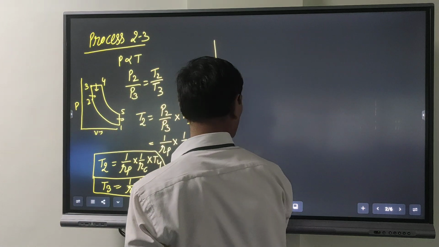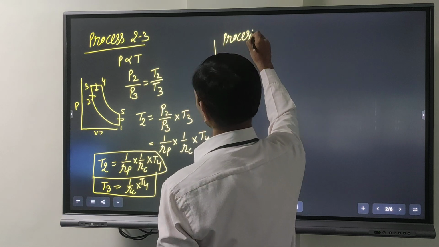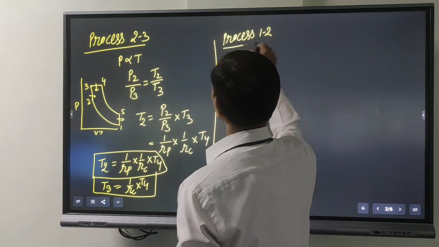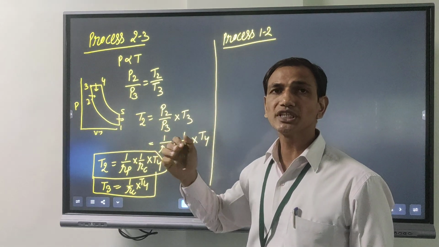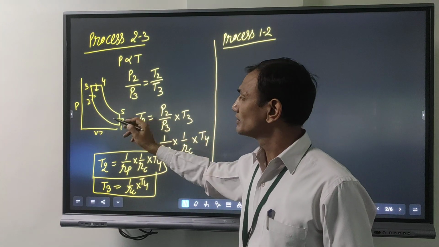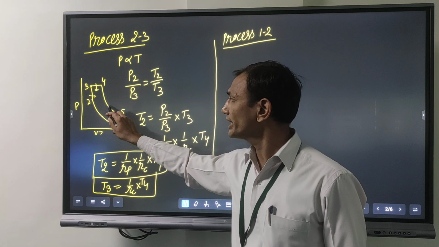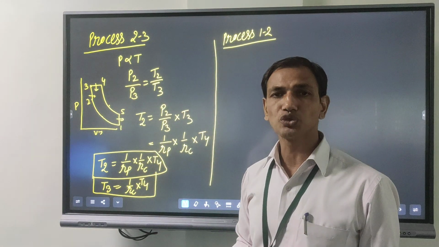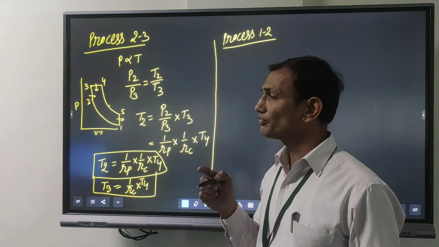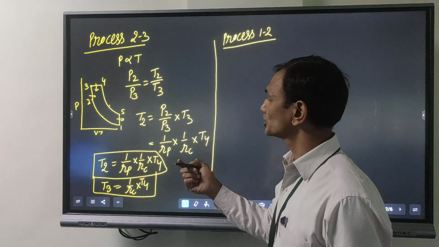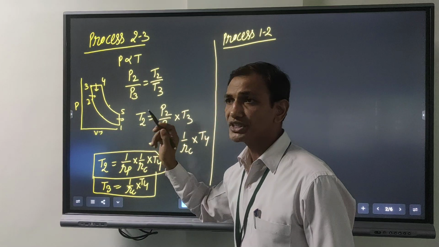Now in process 1 to 2, this is a reversible adiabatic process. So three relations are applicable in 1 to 2, compression and isentropic. PV to the power gamma is equal to constant, or T V to the power gamma minus 1 is equal to constant, and P to the power 1 minus gamma T to the power gamma is equal to constant. So here I have to find the relationship between temperature and volume.